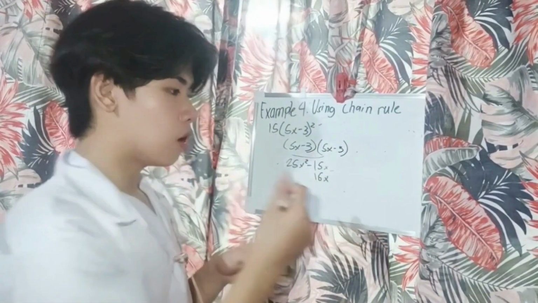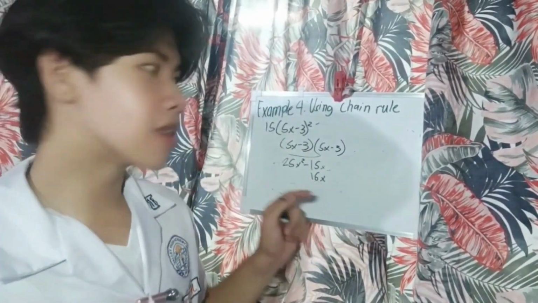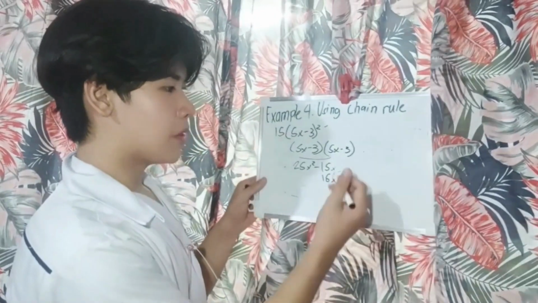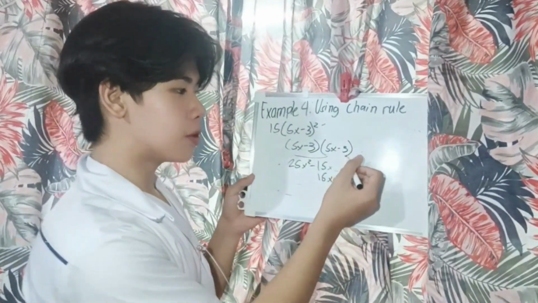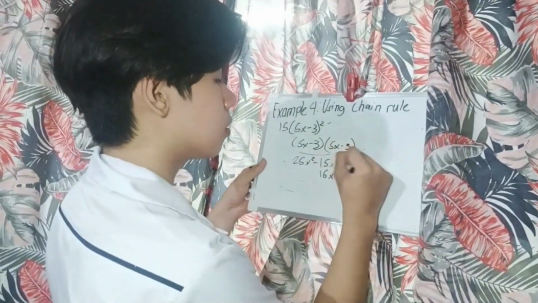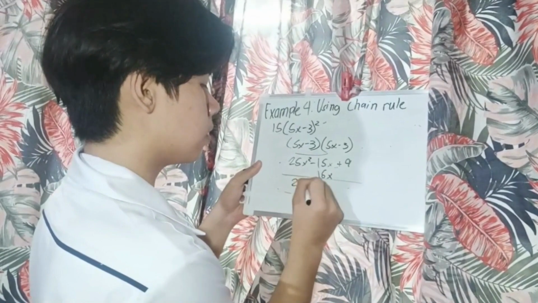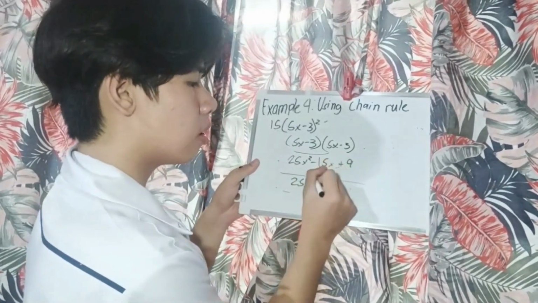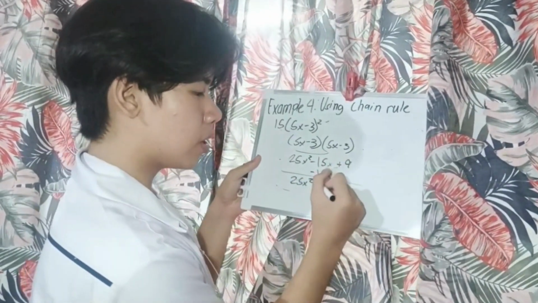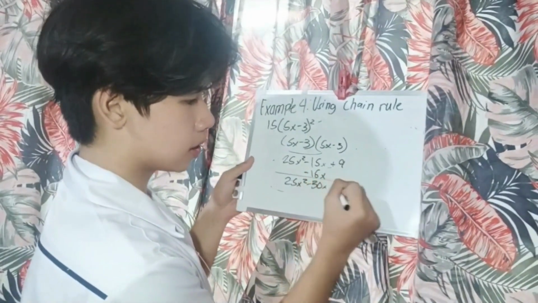So we put that below the one with the same amount of x's. So then we need to multiply negative 3 times negative 3 is positive 9. So positive 9, and then just bring this down, and then add negative 15x and negative 15x, which is negative 30x.